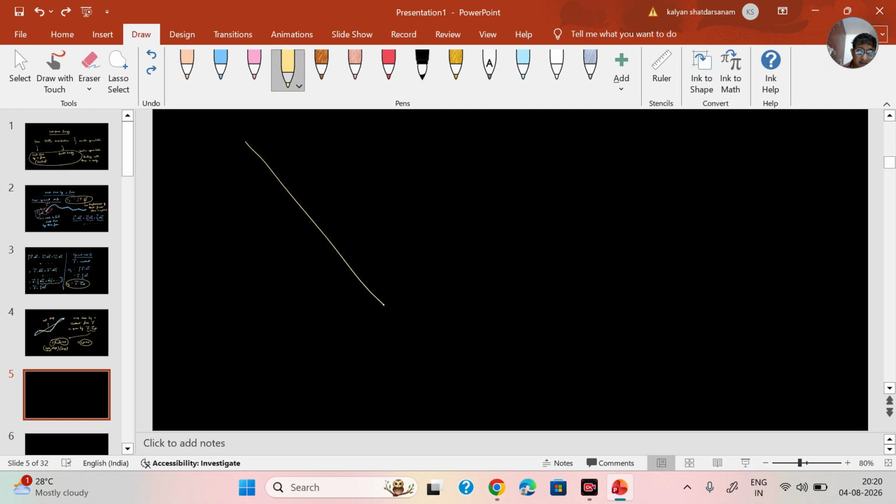Let's see one example. Suppose I have an inclined plane and here I have kept a block of mass m.